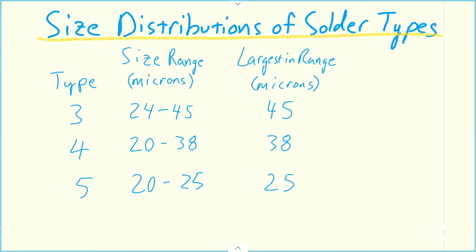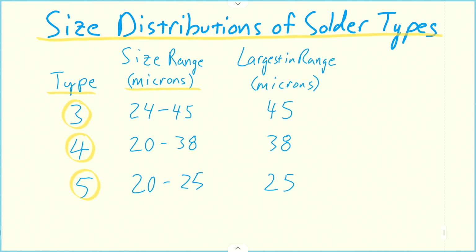Let's talk more about the size distribution of the solder types. Solder paste types are specified by numbers. Here we have solder paste types 3, 4, and 5. And each of them has a size range of the metal balls in the solder, shown here in units of microns.